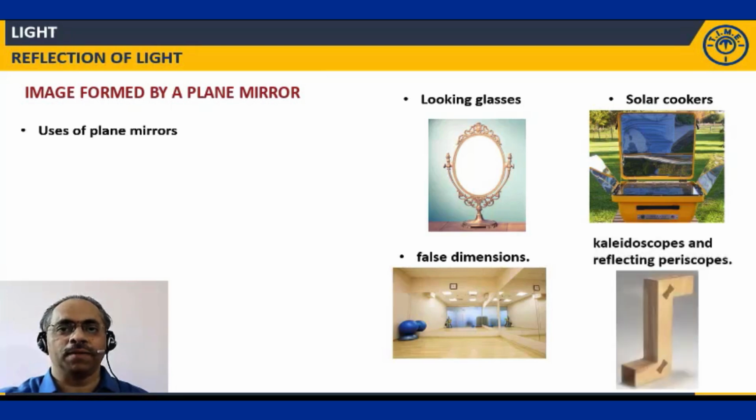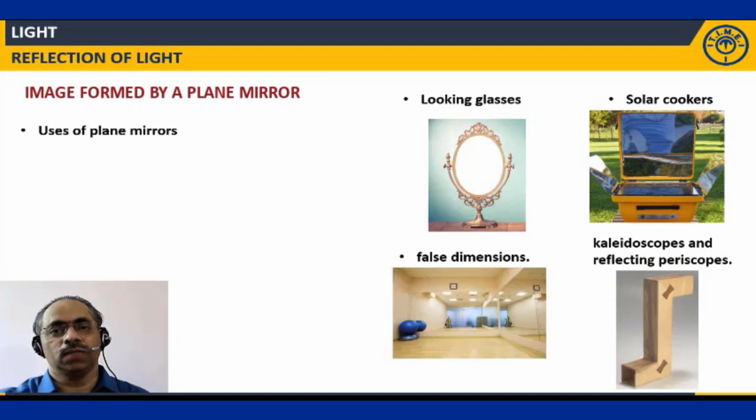The other use of the plane mirrors is in periscopes or kaleidoscopes. In the case of periscopes, we have a Z-like structure, where this is the top tube-like structure, this is the bottom tube-like structure, and we have 2 plane mirrors here, each of them inclined at 45 degrees with the horizontal.